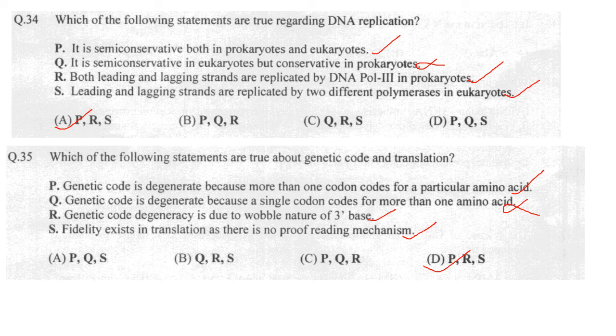No. More than one codon coding for a particular amino acid is degeneracy. Next one. Genetic code degeneracy is due to wobble pair at the 3' base. That is true. Next one. Fidelity exists in translation as there is no proofreading mechanism. That is also true. So the answer is option D, P, R and S.